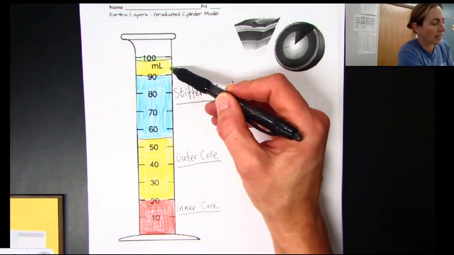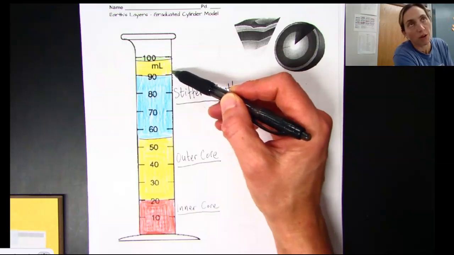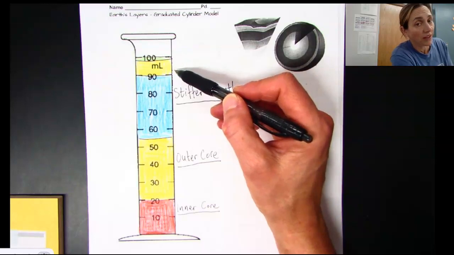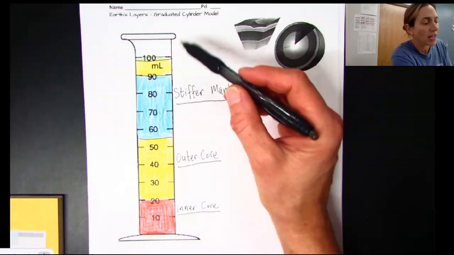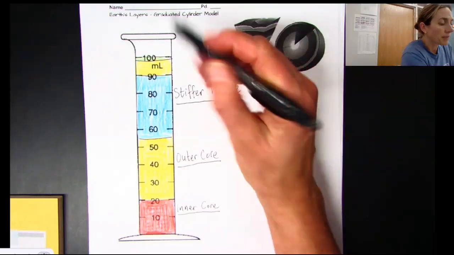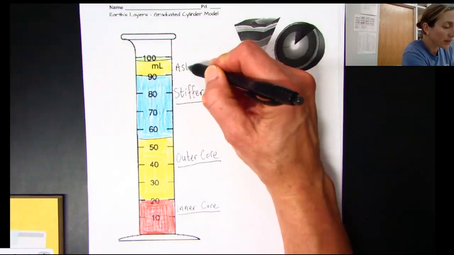And then this layer right here, this is that special fun word, asthenosphere, same thing, different pronunciation, tomato, tomato. That's this layer right here. And let's go ahead and label that.